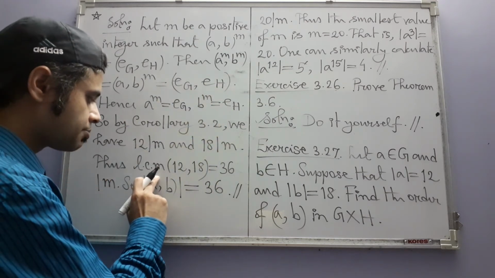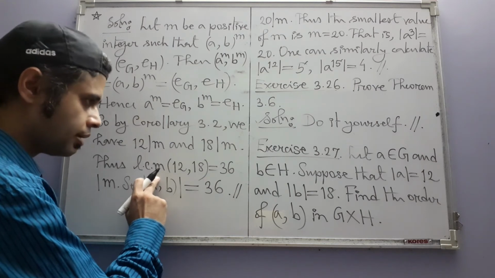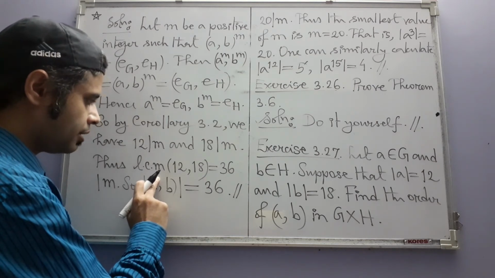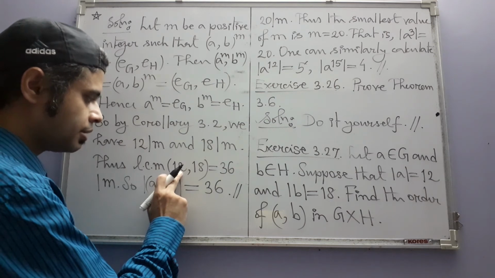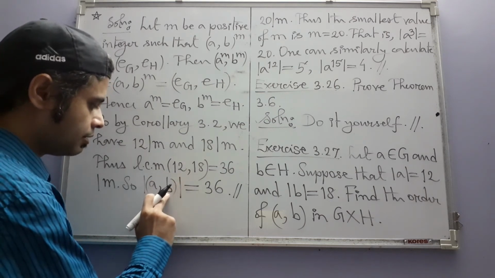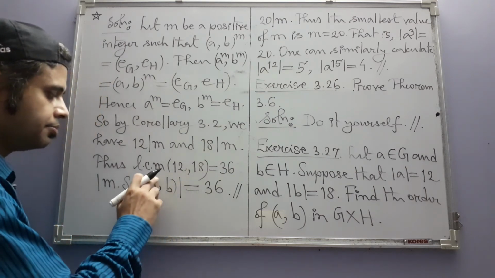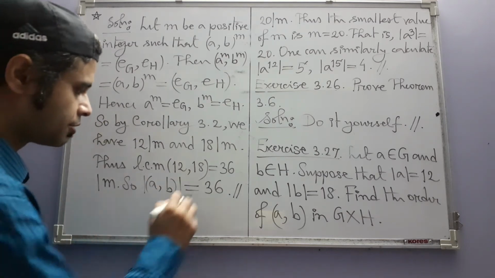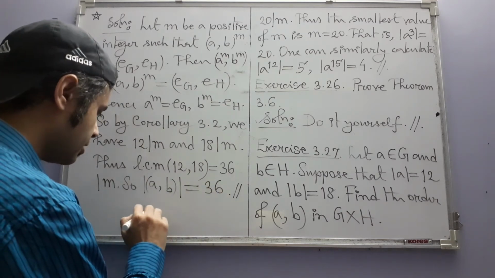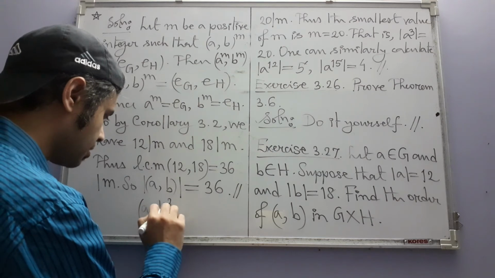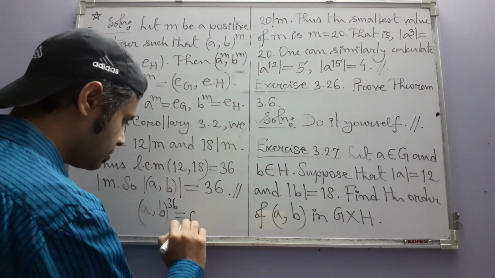So whatever exponent you have over A, that should be a multiple of the order of A, that is 12, and like that, because only then, using the rule of exponents, for example here, if you raise this to the 36th power, what will you get?